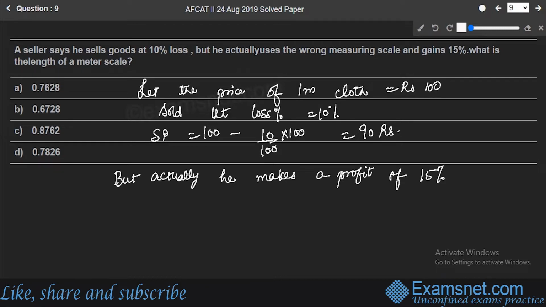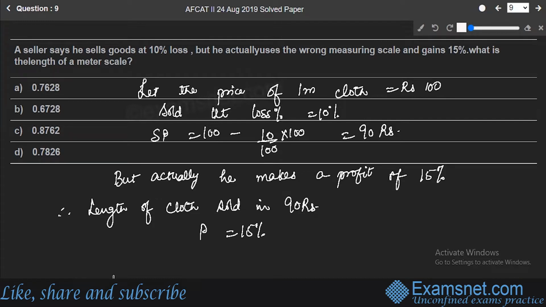He makes a profit of 15%, right? So the length of cloth sold for 90 rupees had a profit of 15%. What was the length of that cloth?